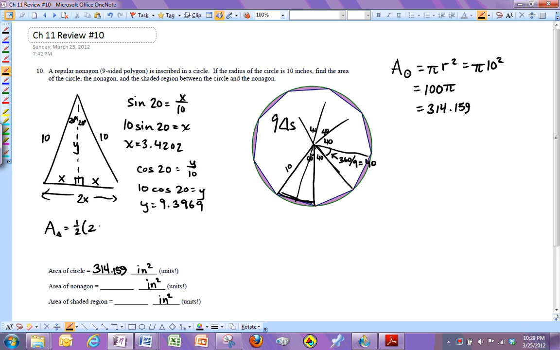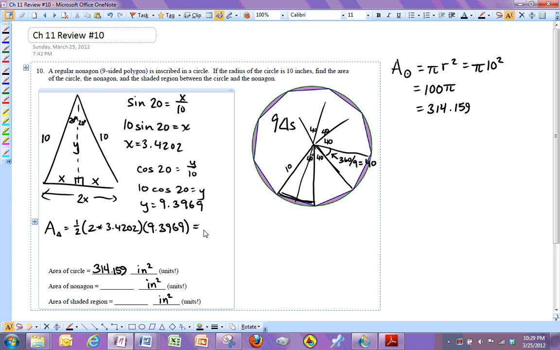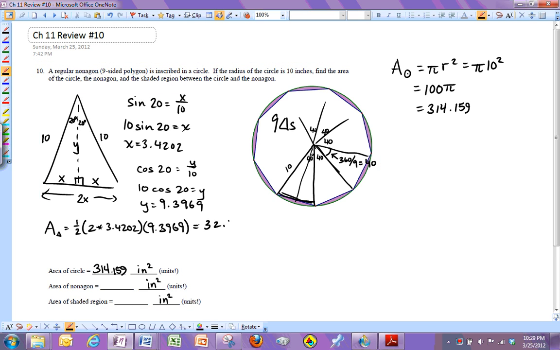So it's 2 of the 3.4202, and then times the height, which is 9.3969. So the area ends up being 32.13938. I'm storing all the decimals in my calculator.